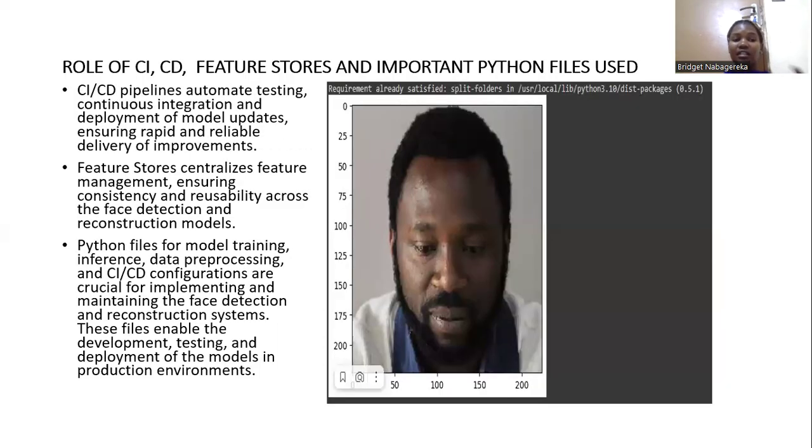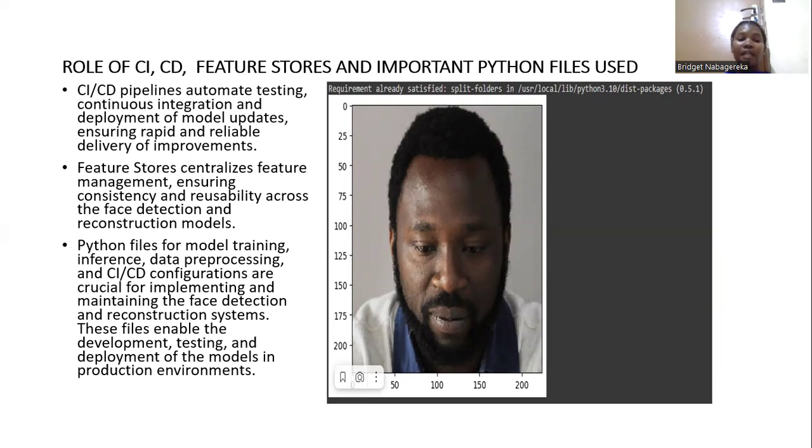And then, last but not least, the role of CI/CD features and the importance of the Python files used. CI/CD means continuous integration, continuous deployment. These pipelines automate testing and the continuous integration and deployment of model updates, ensuring rapid and reliable delivery of improvements. So the project has already been released to be used, but you can continuously deploy and continuously add features to it.